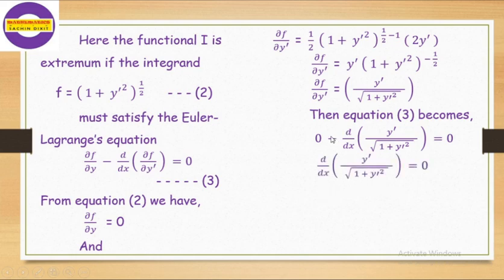That is, d/dx of y' divided by the square root of 1 + y'^2 is equal to 0. Now integrating, this derivative is equal to 0, which means the quantity inside must be a constant.